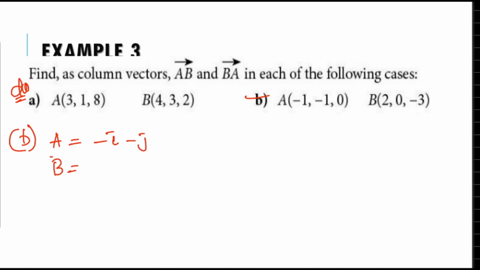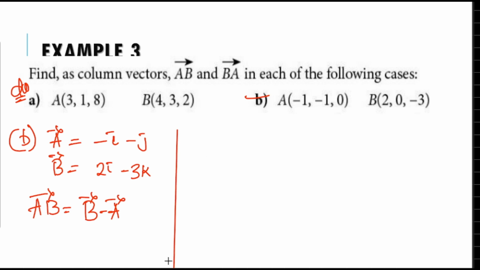B equals 2i plus 0j minus 3k, so that AB will be equal to B minus A. Working this out, B is 2i minus 3k, minus A, which is minus i minus j.